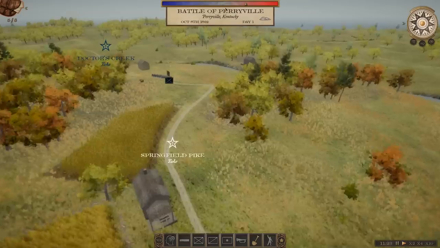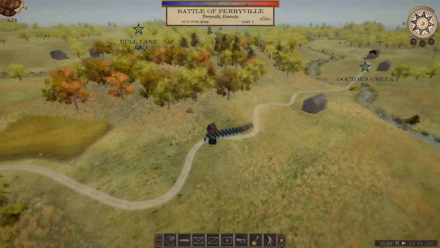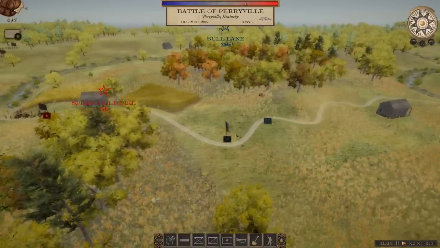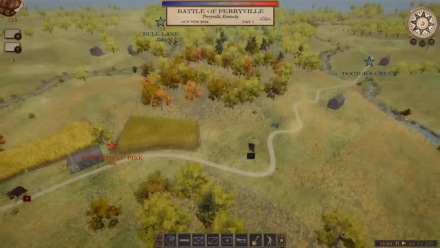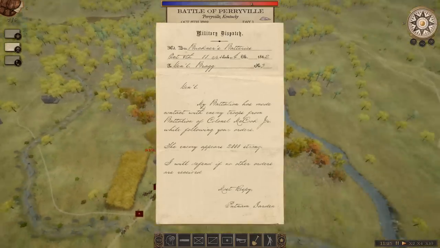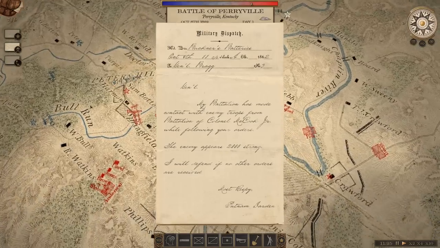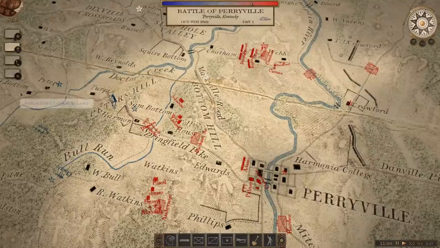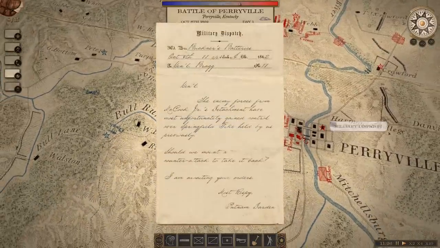Okay, we have some enemies visible here as well. Looks like Union has reached the hill and is deploying in the position where we had Wharton previously. And to help the player keep up with what's happening, the AI commanders will be sending these dispatches.